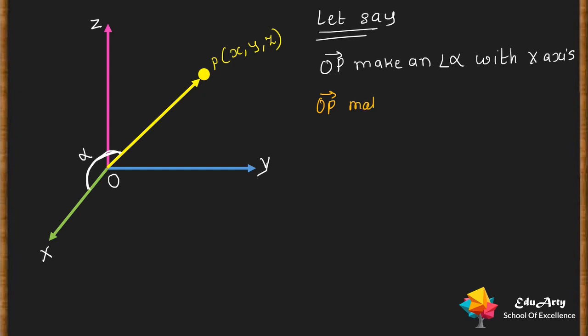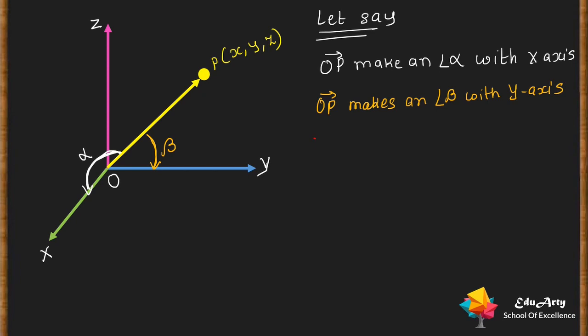Now, the OP vector makes an angle beta with the y-axis, correct? Let's put an arrow here with the x-axis. This is going to be the y-axis, which makes angle beta. Similarly, it will also make an angle with the z-axis.